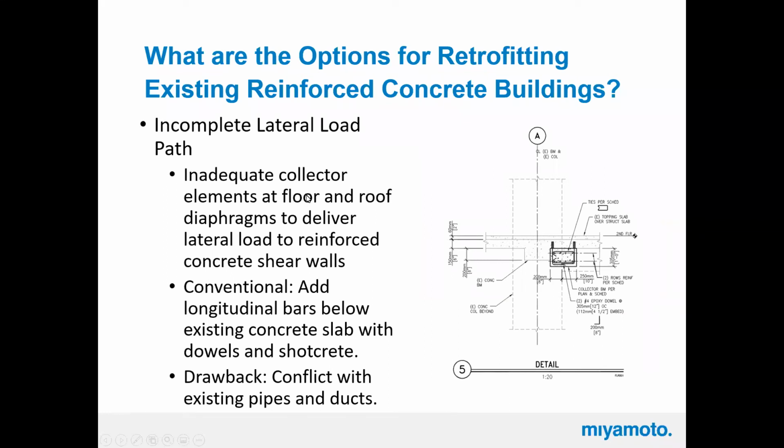The incomplete load path thing, this is demonstrating a picture of a drag element that's been placed in a building where there was inadequate rebar in the slab to provide drag forces to tie it into a new shear wall element, or maybe even an existing shear wall element, where the building would be weak in the diaphragm. So this is a good method that's relatively simplistic. Just adding concrete, adding rebar, and adding ties to drag that element along.